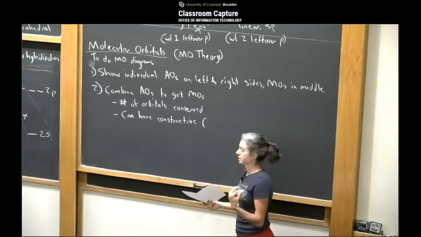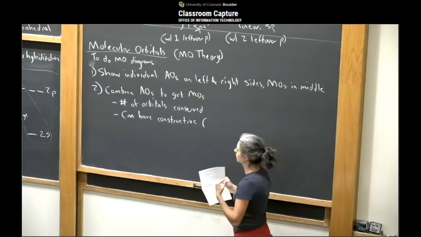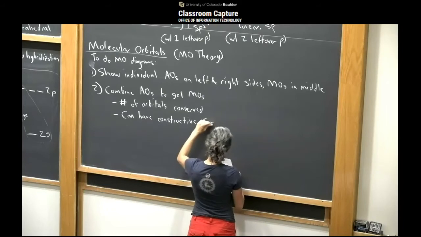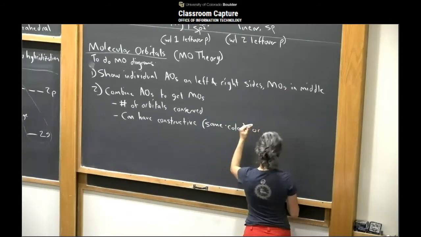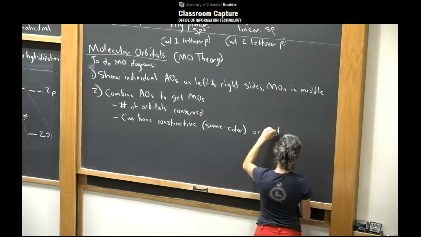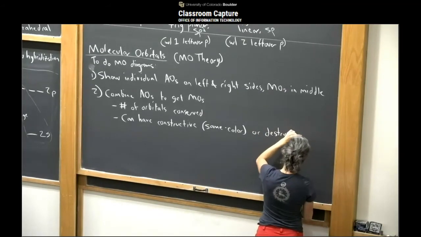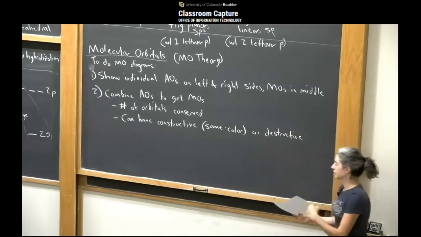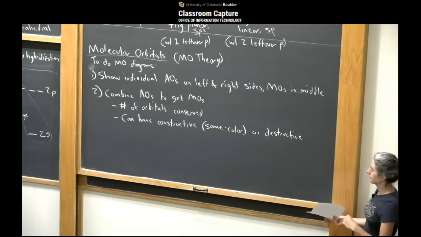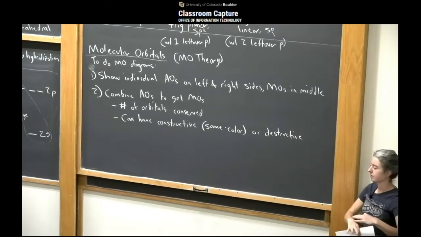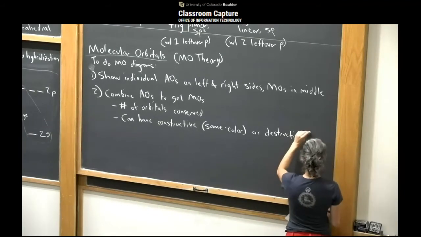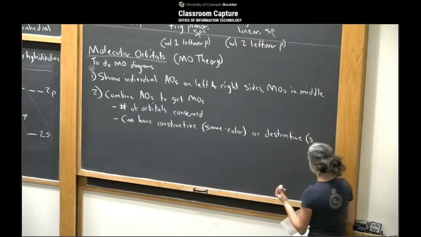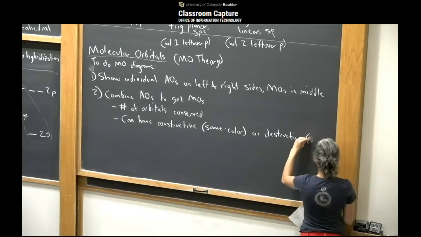So like 2 dark colored lobes overlapping or 2 light colored lobes overlapping. Or they can have destructive, where you subtract them from one another. So like on a guitar string wave, for example, if the peak of one wave overlapped with the trough of another, they'd cancel each other out. So they'd have to be opposite phase, or in other words, different colors.